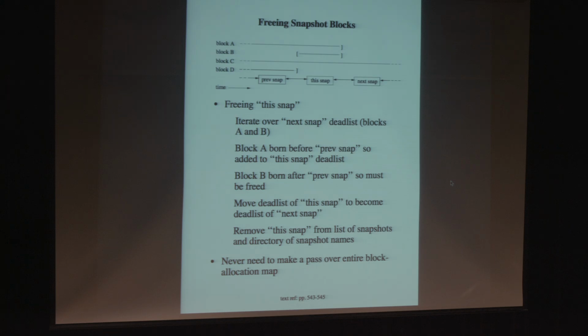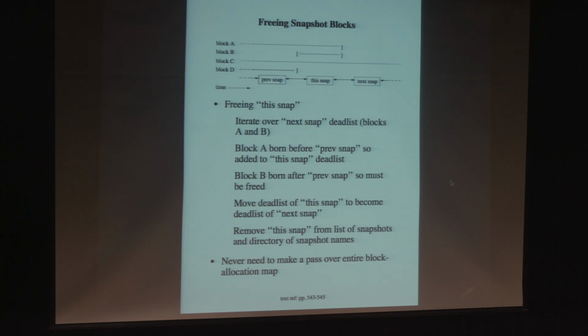So block A has been in use for a very long time, but it went out of existence after this snapshot. Between the time this snapshot was created and the future snapshot or the future file system, it got deleted. So nobody newer than us cares about it. So for A, we're going to pass that to the left and say, well, we don't care about it anymore, but obviously other people do.